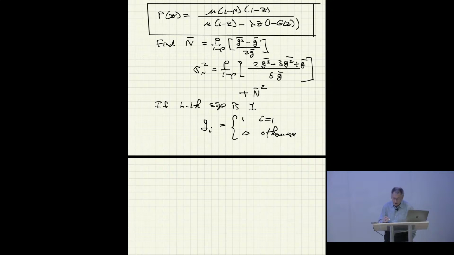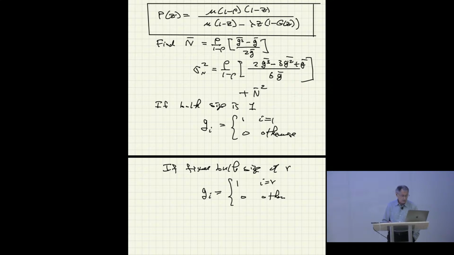If we chose instead an arbitrary fixed bulk size of R, namely g sub I equals, with probability 1, the size is R, and 0 otherwise, then what do I have?